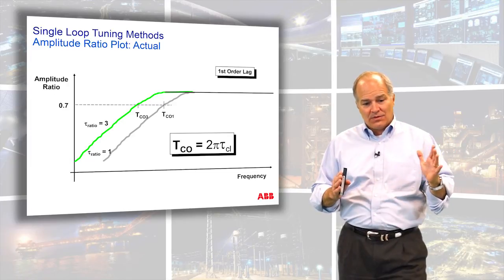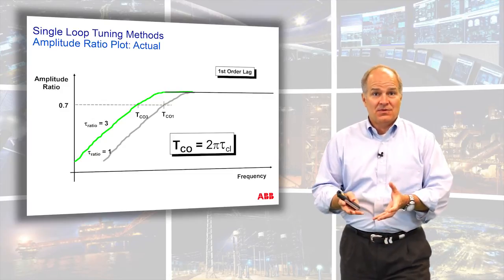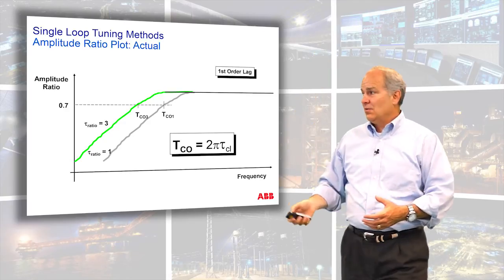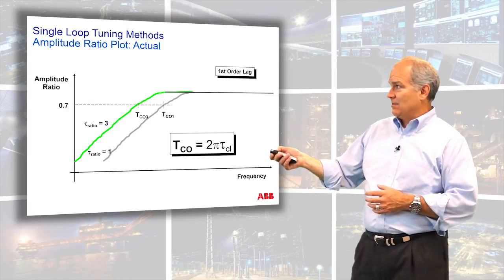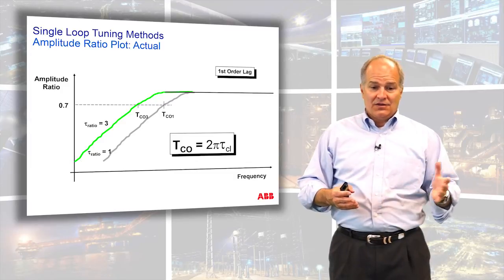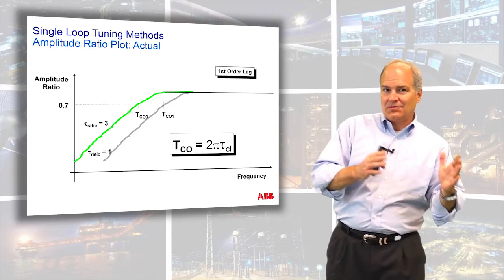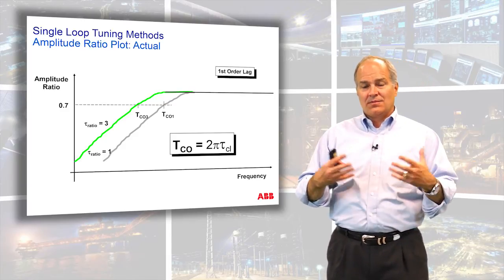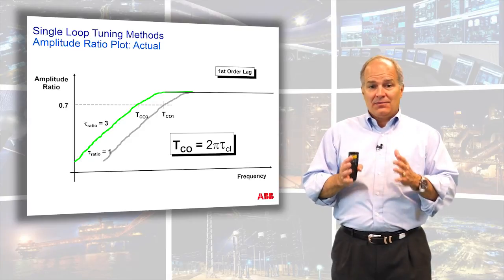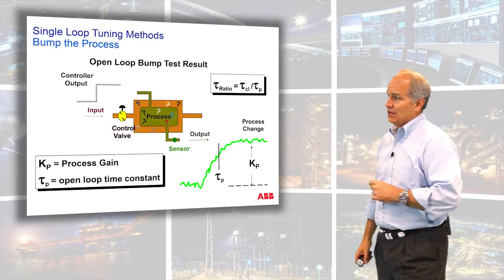And as you get more and more aggressive on your control, those assumptions that we made about the process start to get bad, and all of a sudden you get this big spike in the AR curve, and you can cause a loop to go unstable. So that's why we like tau ratios of 2 and 3. They allow us to absorb our uncertainty so that we don't amplify, but we have to recognize where the frequency band is. And that's what I want to show you in an example.